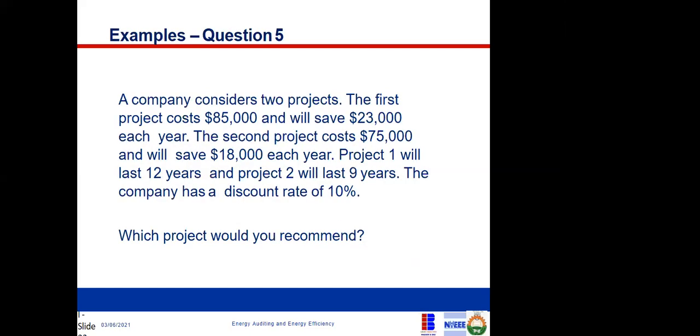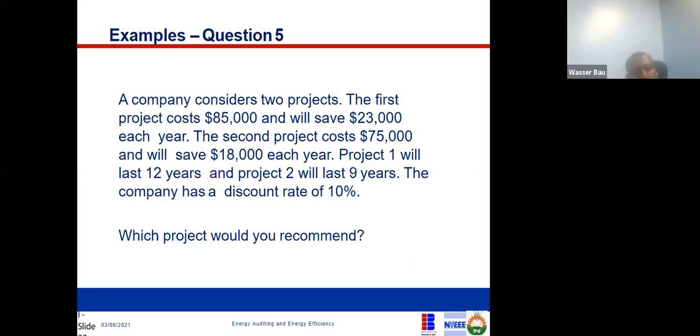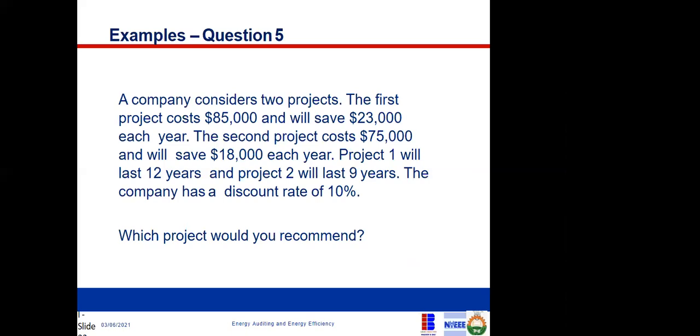So the last example you have given, we basically calculated the annuitized initial investment where we arrive at certain figures for each of the projects, and they are less than the annual saving.